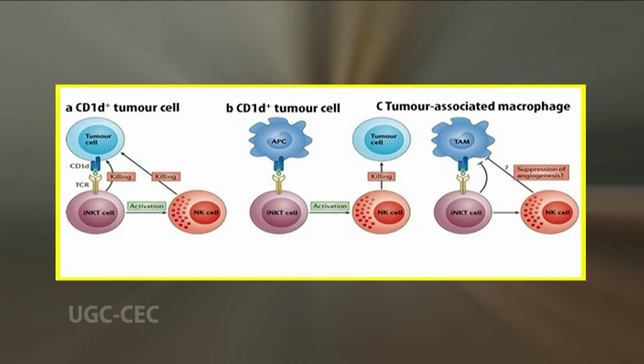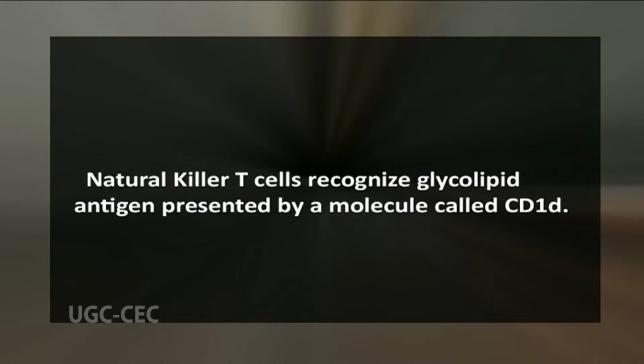Natural killer T cells, or NKT cells, not to be confused with natural killer cells of the innate immune system, bridge the adaptive immune system with the innate immune system. Unlike conventional T cells that recognize peptide antigens presented by major histocompatibility complex molecules, NKT cells recognize glycolipid antigen presented by a molecule called CD1d.